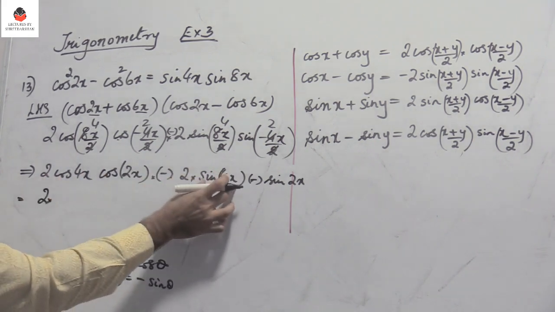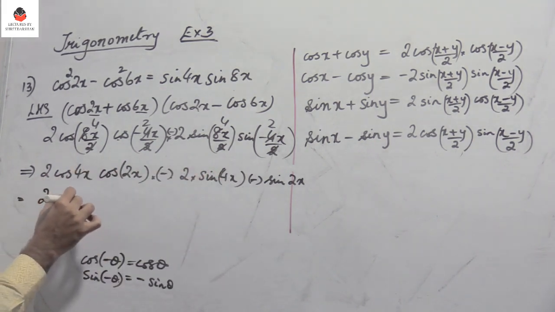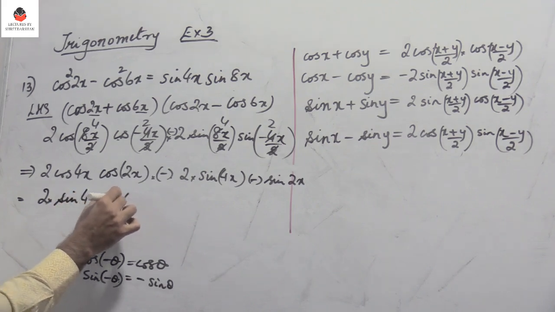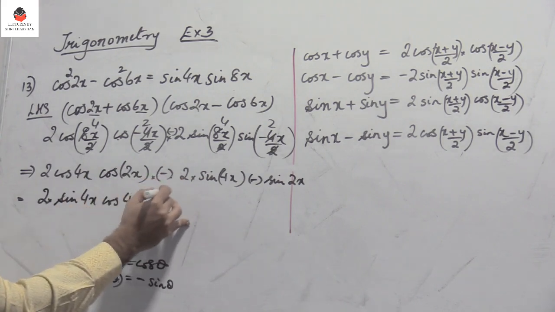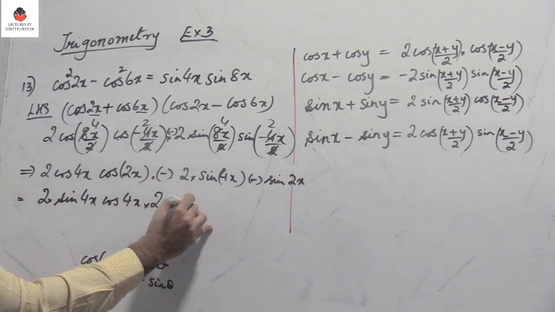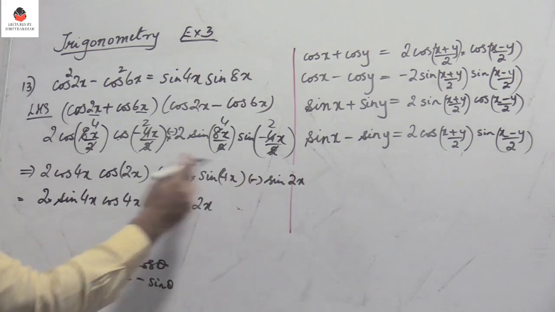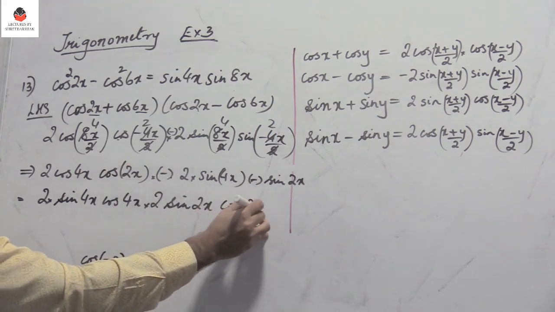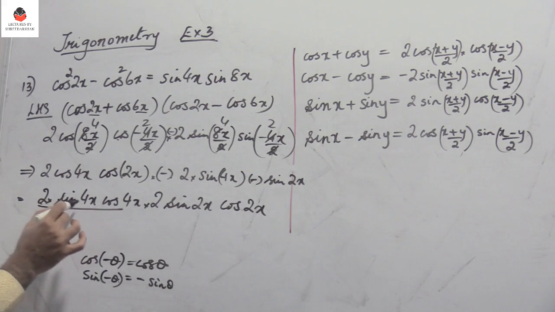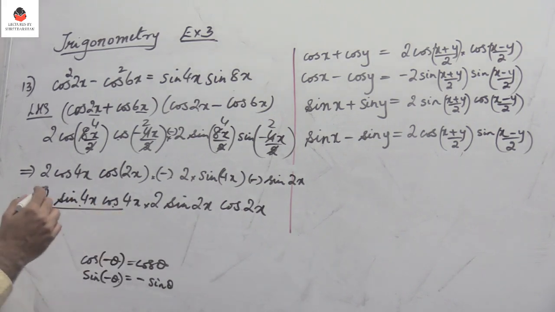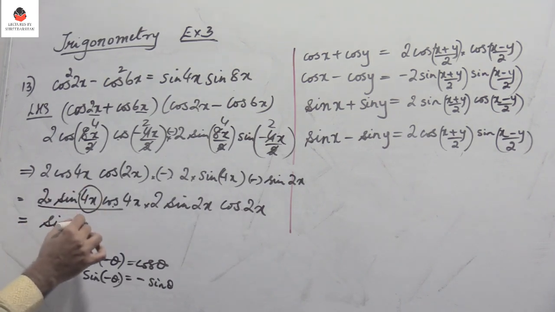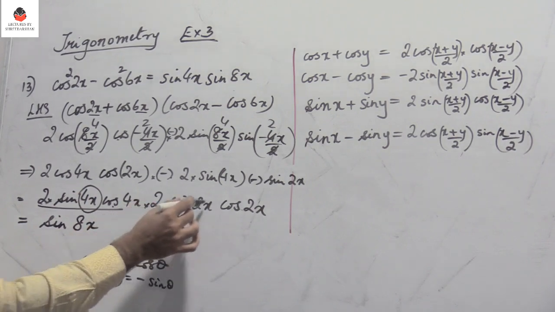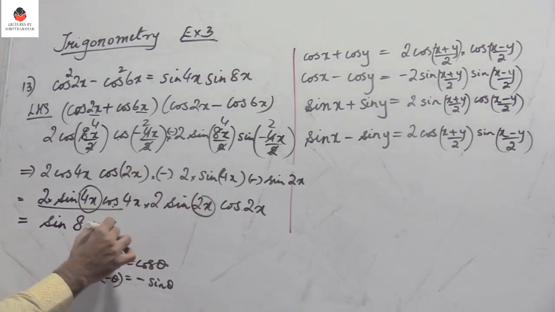So now let me combine sine 4x cos 4x. I'll write it together. Minus into minus is plus, so I have this 2 sine 2x cos 2x. So this is of the form 2 sine theta cos theta, which is sine 2 theta. So sine 2 theta, twice 4x is 8x and twice 2x is 4x, so sine 4x.